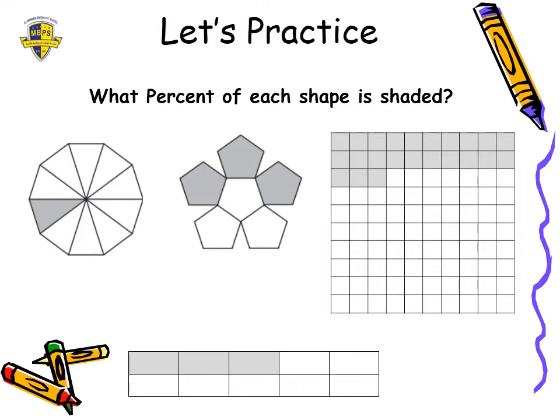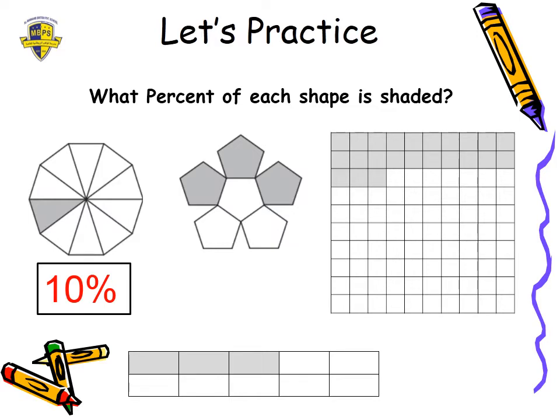Count. We have, excellent, 10 parts. And how many are shaded? Good, only 1 here. So the fraction of this is 1 out of 10, or as percent, 10 out of 100, or it's 10%.